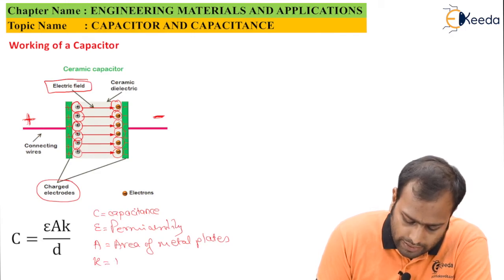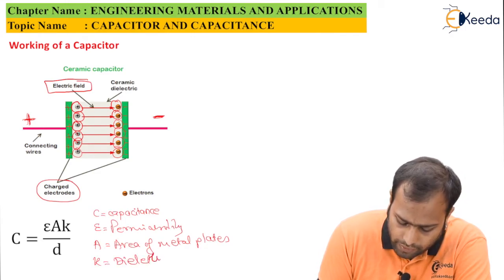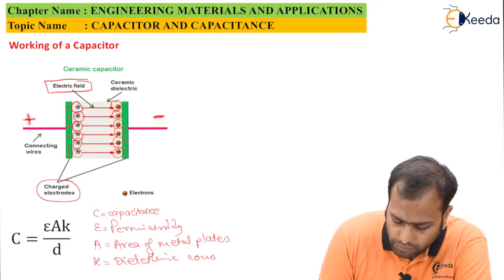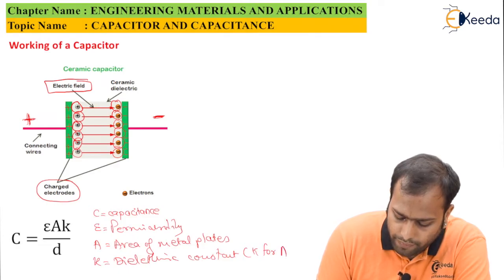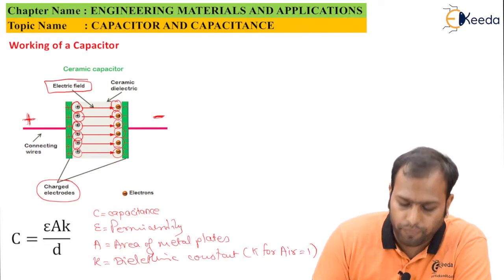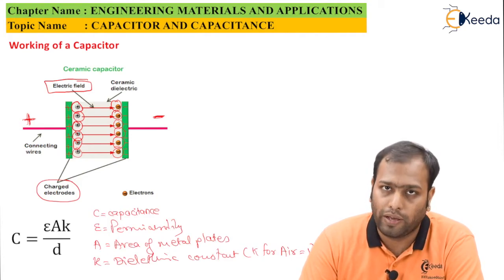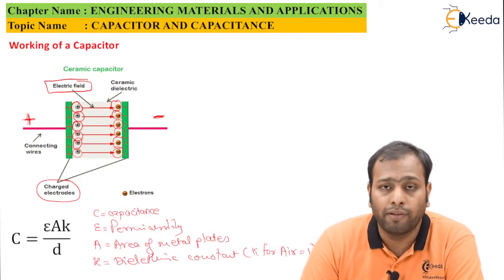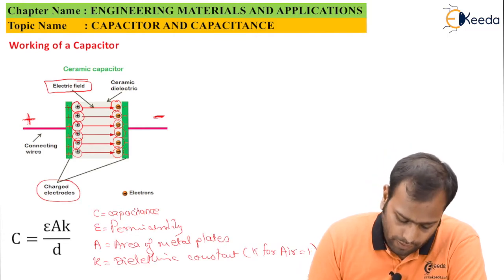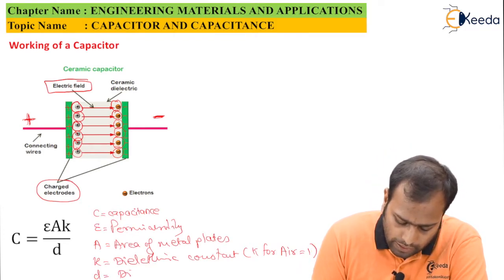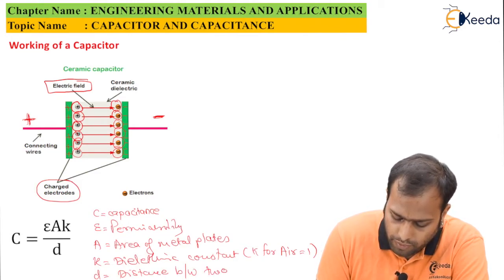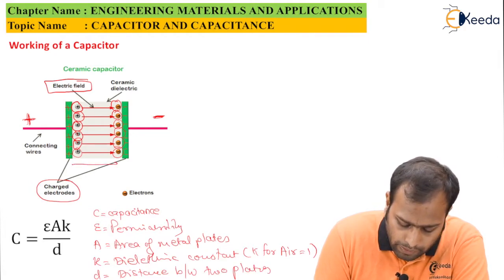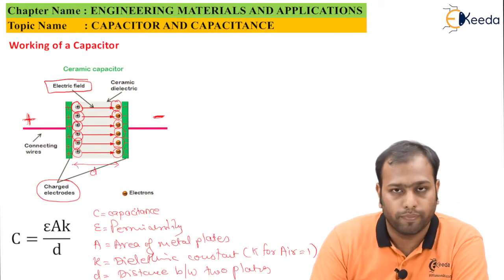Now K is the dielectric constant. Now do remember K for air is 1. So whenever I have air or vacuum, we will always have K value as 1. Similarly, D is the distance between the two plates. So here in this case, this would be my distance D.